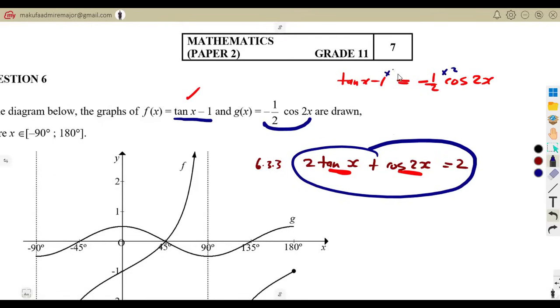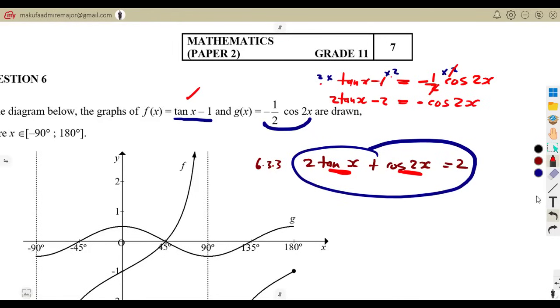Multiply by 2 throughout. That gives us 2 tan x minus 1 times 2, which is minus 2, is equal to, and this one was going to cancel, you remain with minus cos 2x.